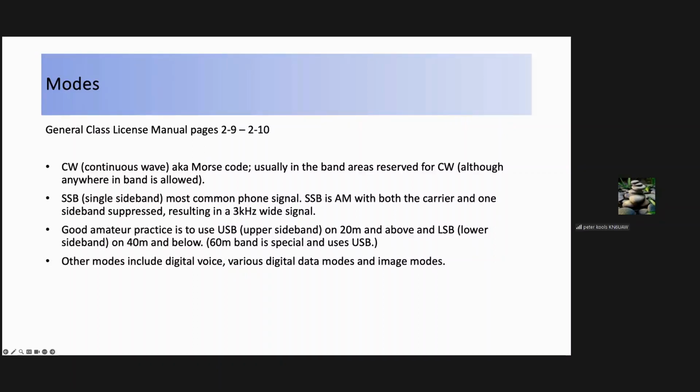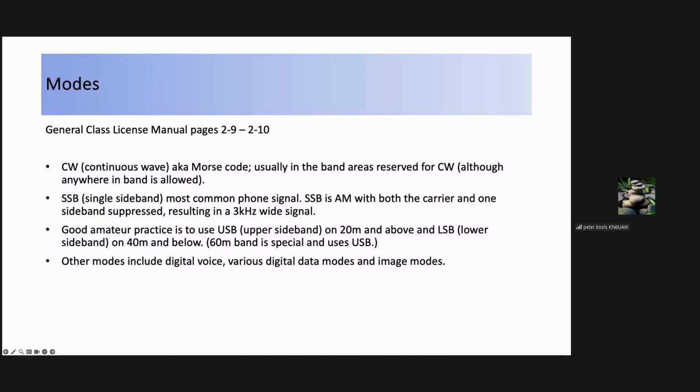Good amateur practice is to use upper sideband on 20 meters and above and lower sideband on 40 meters and below. That's a practice, not a rule. So you can do it differently, but people aren't going to hear you unless you've set up some convention with somebody that you want to do USB in the 40 meter band.